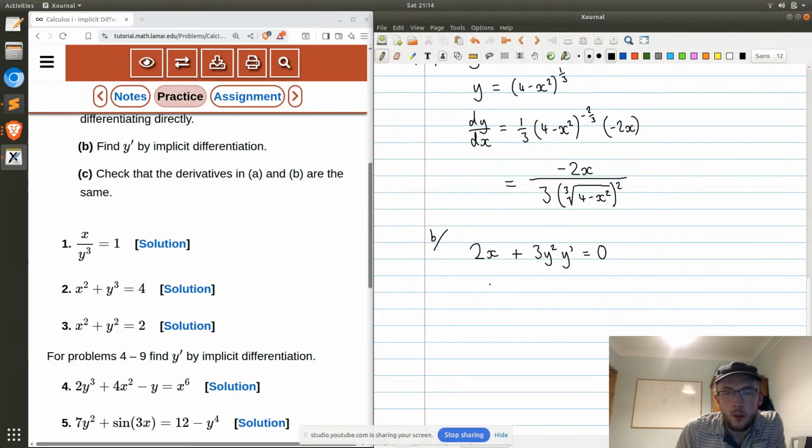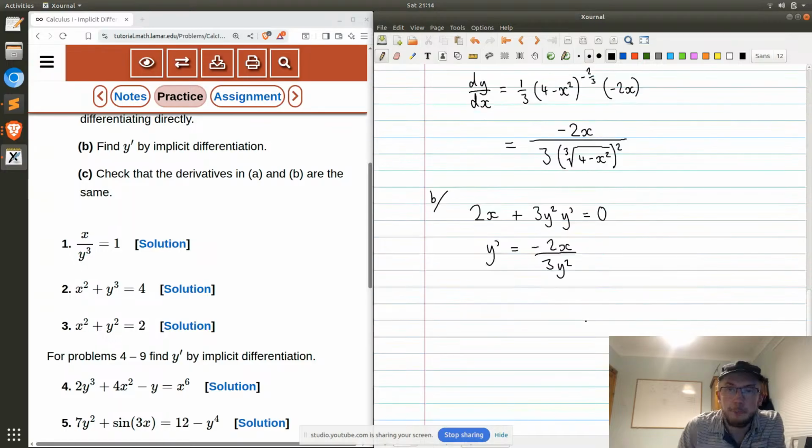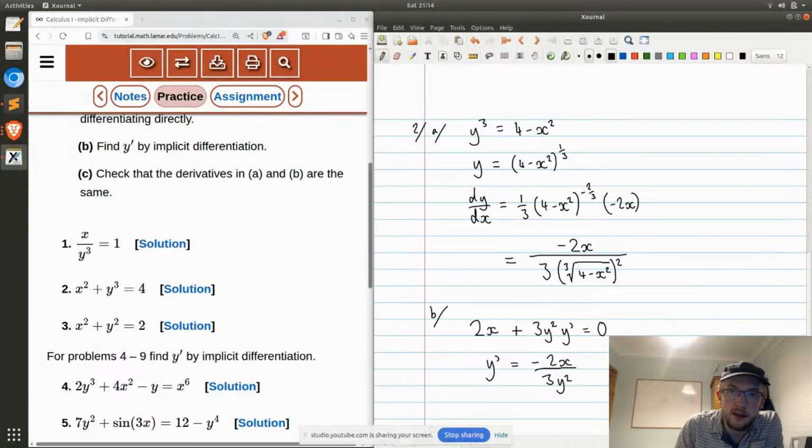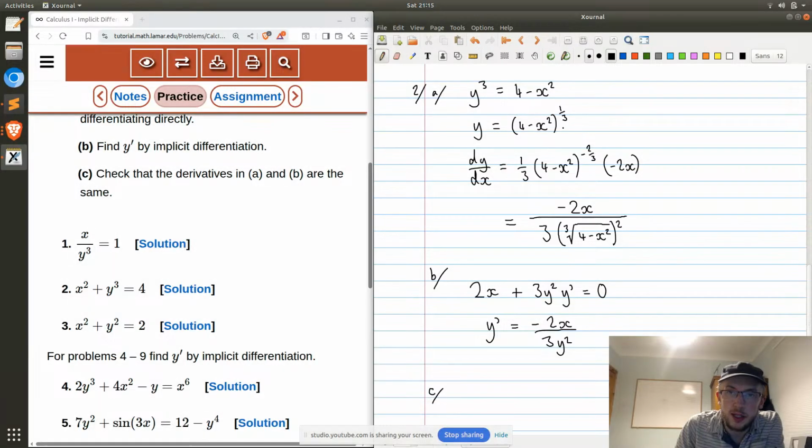And then making y prime the subject, y prime would equal negative 2x over 3y squared. But we must make sure that this is the same as the answer from part A. And to do that, we can clearly see that it's just this y here that needs to be checked. So an expression for y right there.